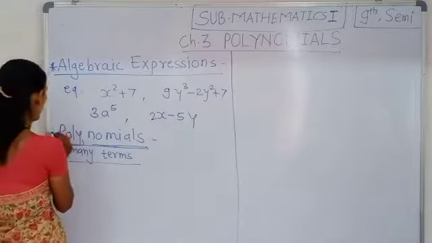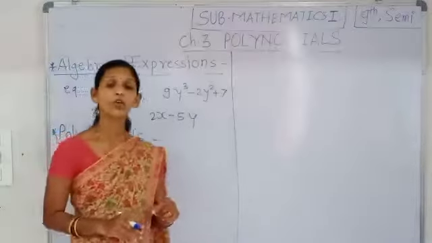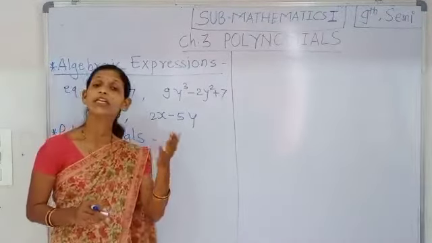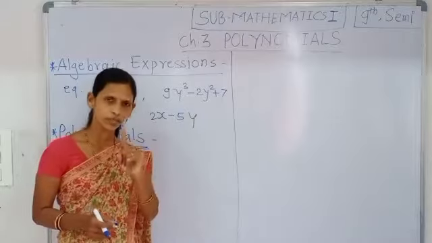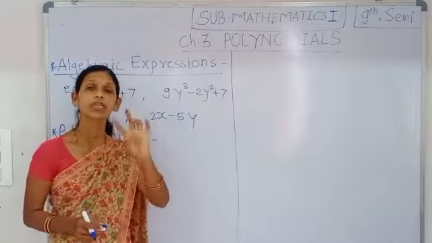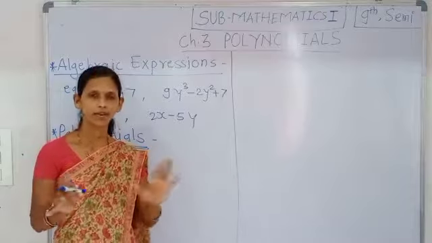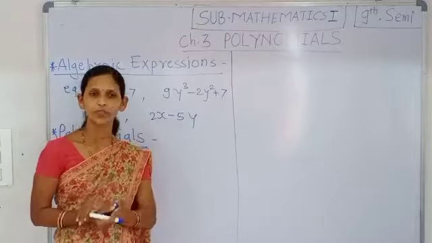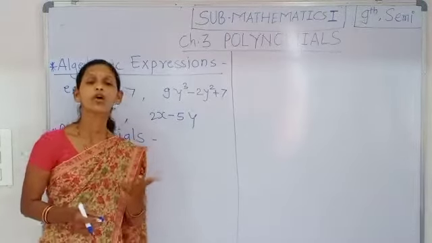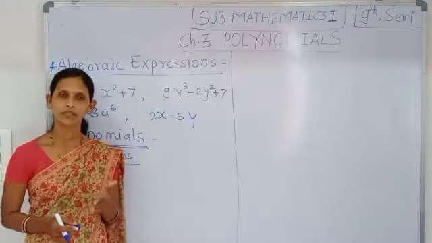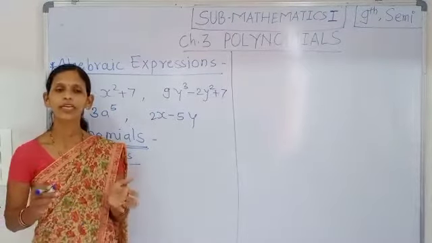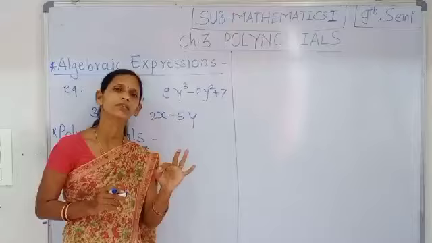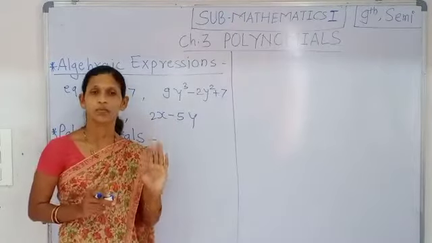Polynomial means an algebraic expression in which many terms are there, whether it is one term, two terms, three terms or more than three terms. A polynomial is an algebraic expression in which the powers of the variables are positive integers or 0, that means whole numbers. Then those algebraic expressions are called polynomials.